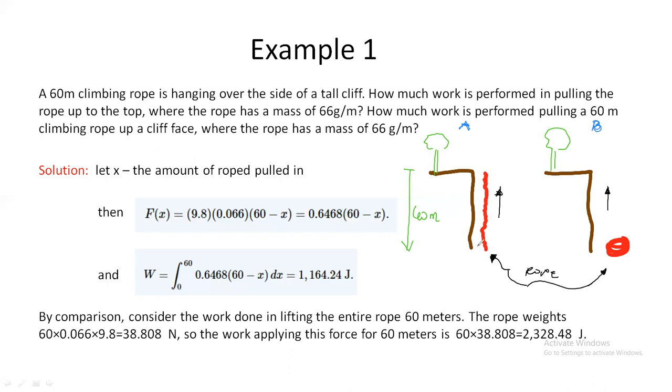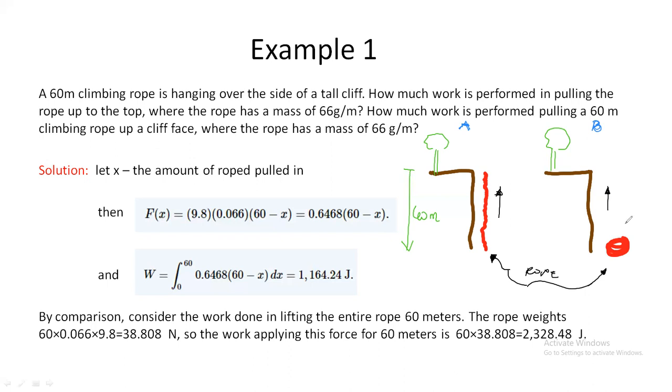So that's the difference of this one from this. In letter B class, I have already rolled it. I have already placed here a rolled 60-meter climbing rope. It's not stretched, meaning this entire thing that is rolled, you pull it up all at once from this particular elevation up to the face of the cliff.